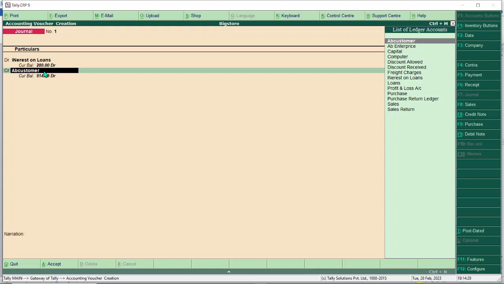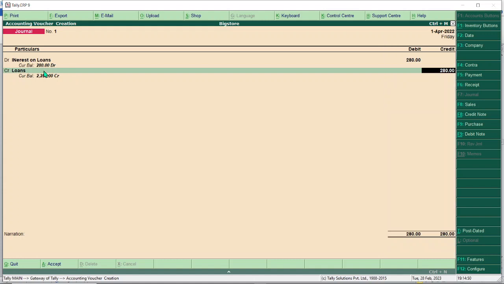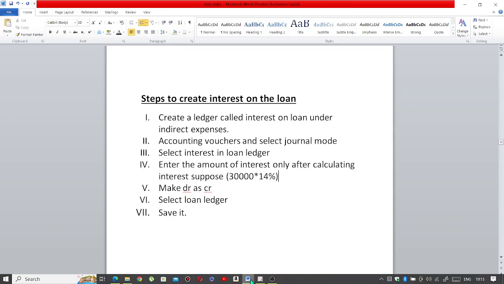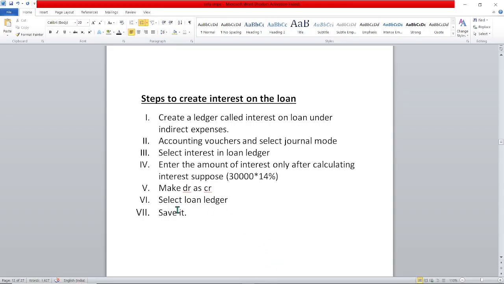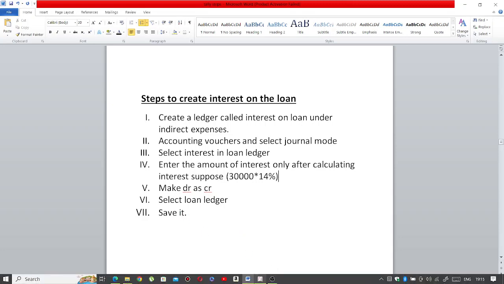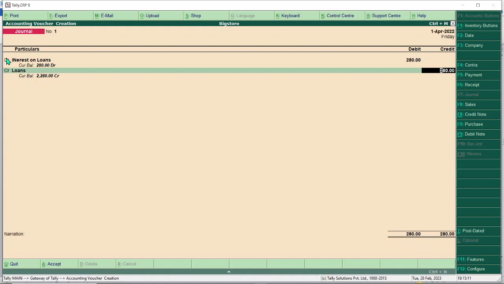Here I have to select loan ledger. Select loan ledger, make Dr as Cr. Okay, I have to make Dr as Cr.